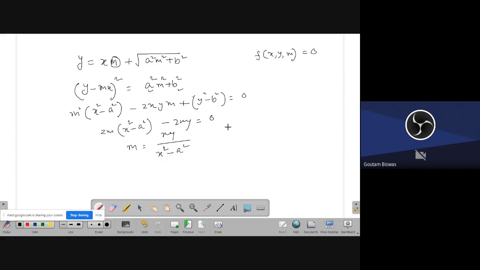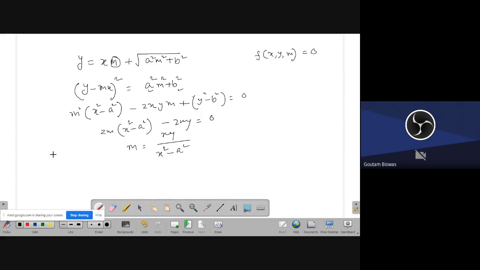Put the value of m here. Or we can put the value in the equation, no problem, because this is f(x, y, m). We'll get the equation.